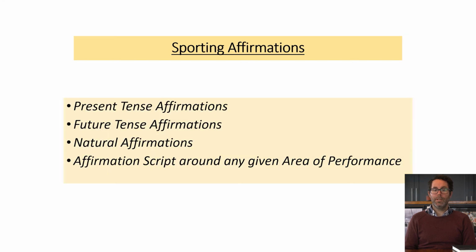The final tool is affirmations. And I like to use sporting affirmations with athletes. There's lots of different types of affirmations. You can see here present tense ones, future tense, natural ones, and then scripts for different areas of performance. So an affirmation script, you can write one, you can develop your own, you can Google, research, do different things on different affirmation scripts.